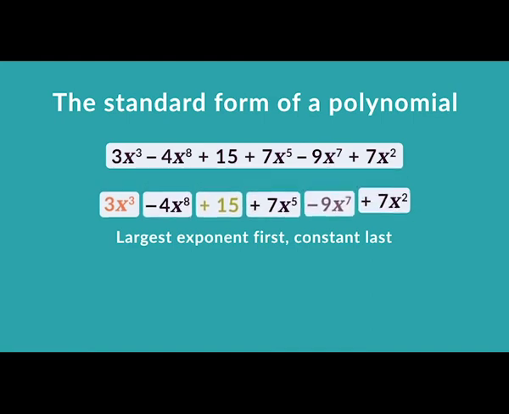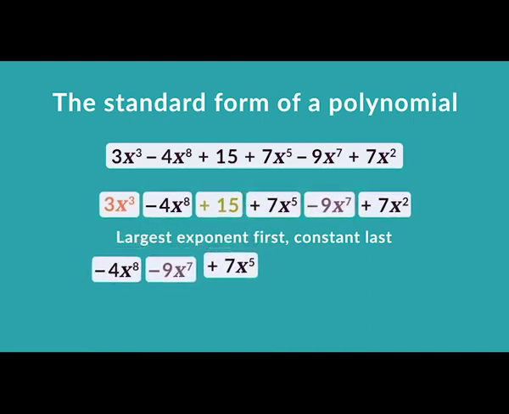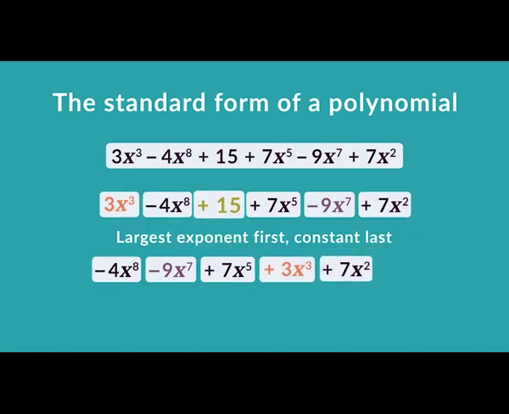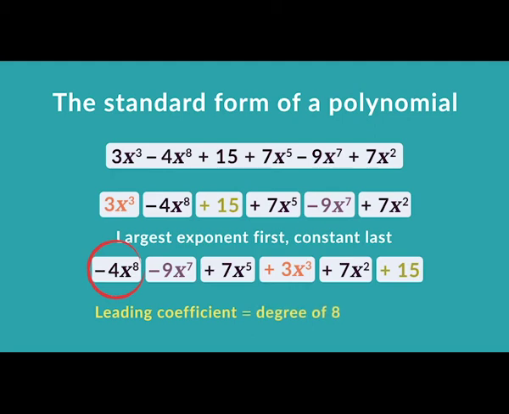Simply reorganize the order of the terms so that the exponents are from largest to smallest. Remember that the positive or negative sign of a coefficient is part of the coefficient and they must always move with the coefficient. The polynomial is now in standard form. This is great because now the leading coefficient, the coefficient of the first term, tells us the degree of the polynomial.